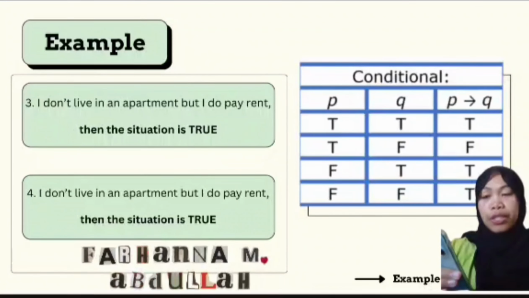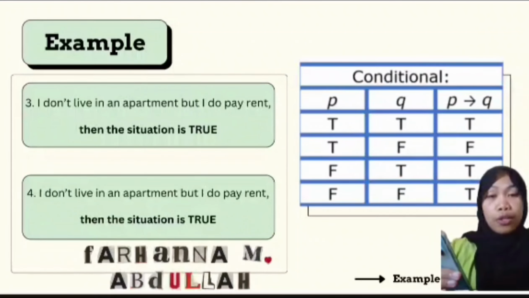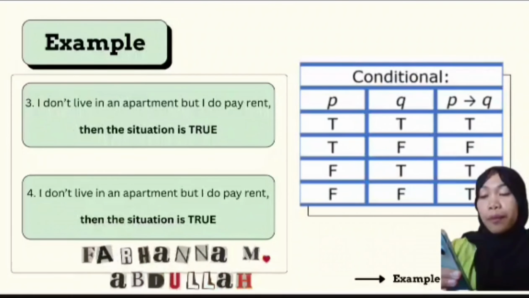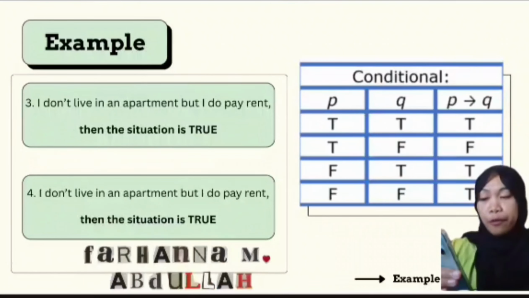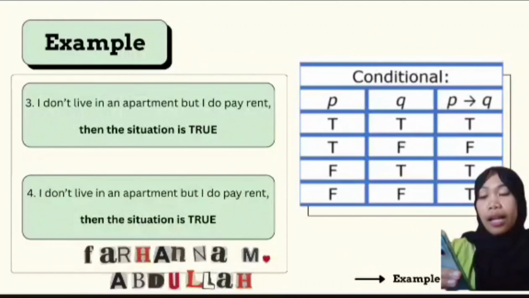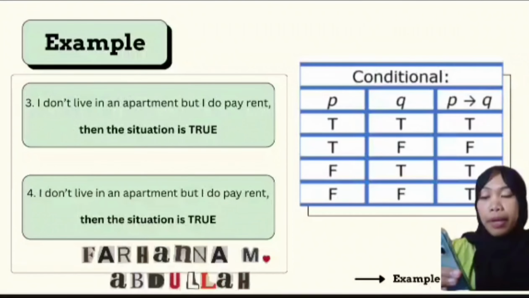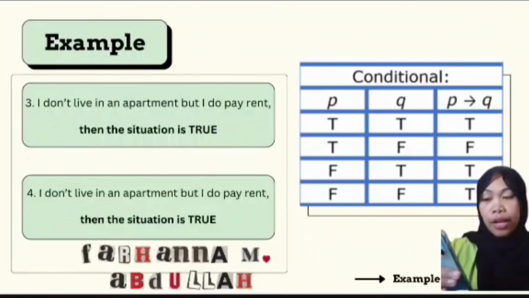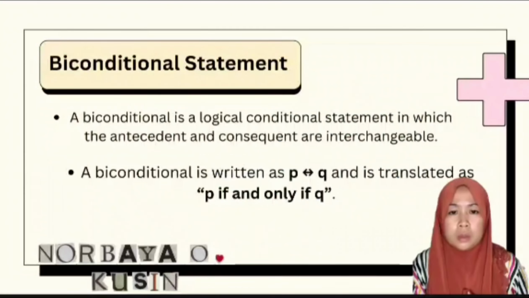In the last row, if both the antecedent and the consequent are false, then it is true. The example in statement form is number 4: I don't live in an apartment and I don't pay rent, where both the antecedent and the consequent are false. So this statement is true.